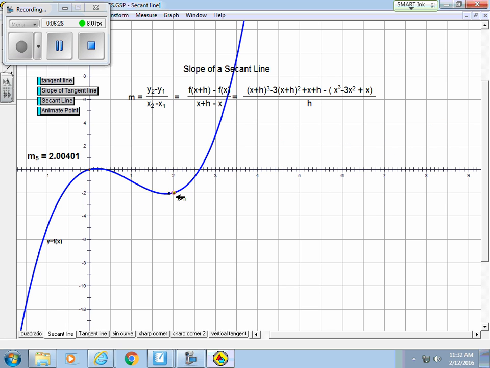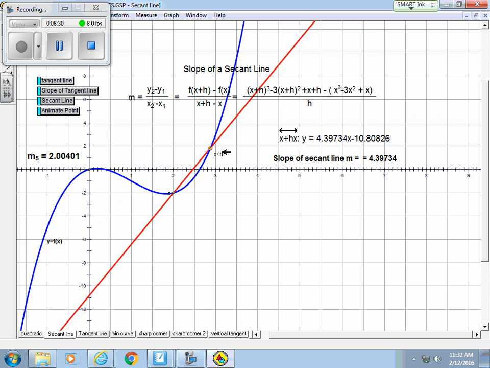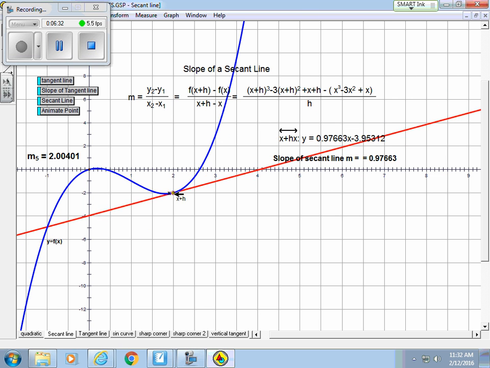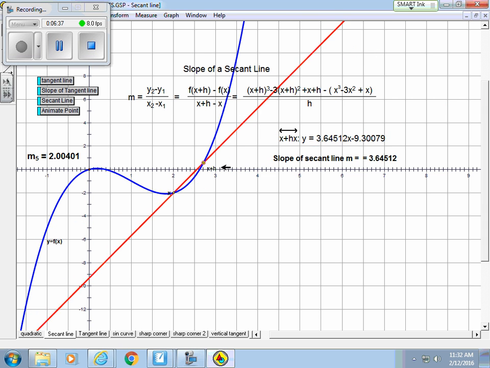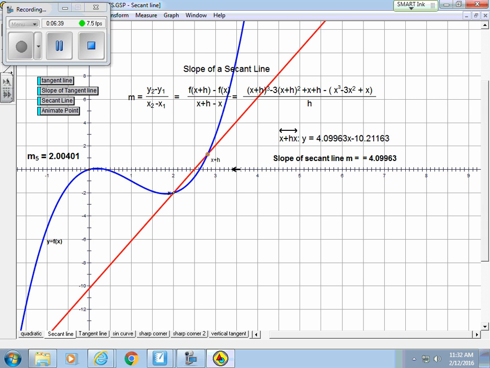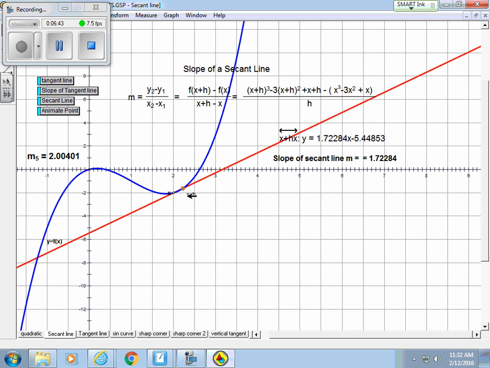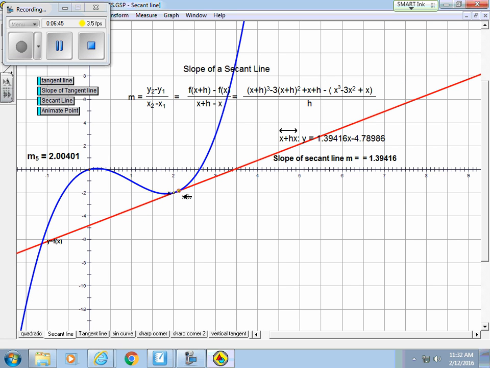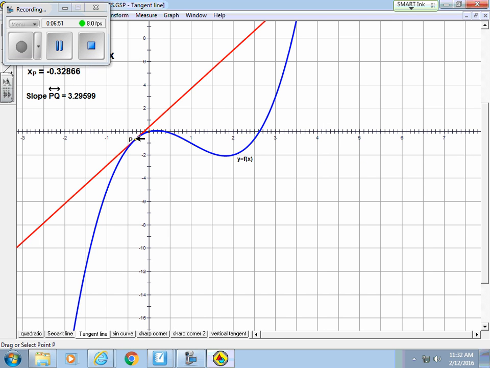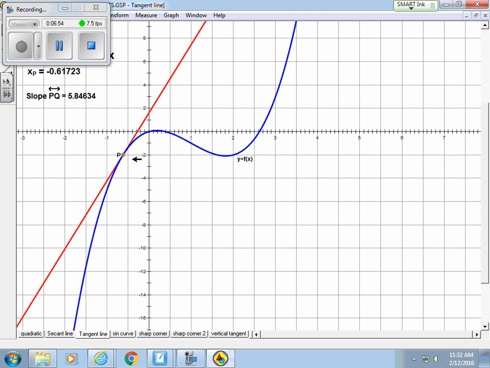Before calculus, you couldn't find that, right? Because there's only 1 point, so I can't find a slope. But if I look at the limit as h approaches 0, wouldn't I approach those 2 points being the same? Which brings me to a tangent line. This is a tangent line.